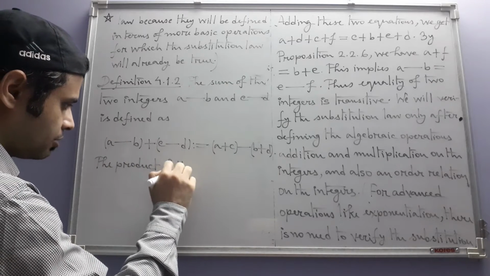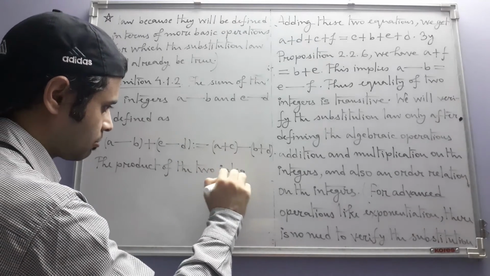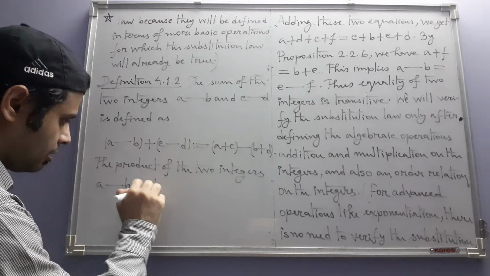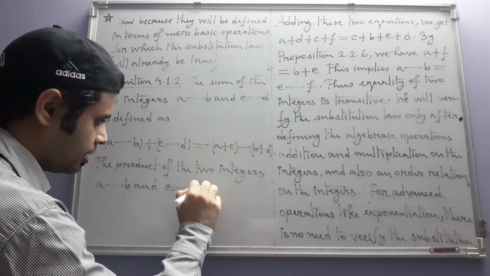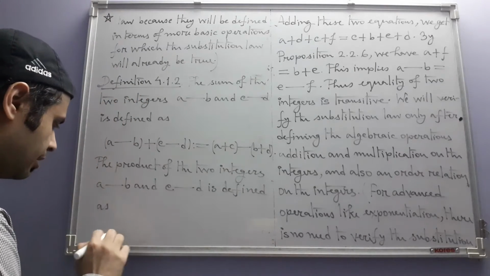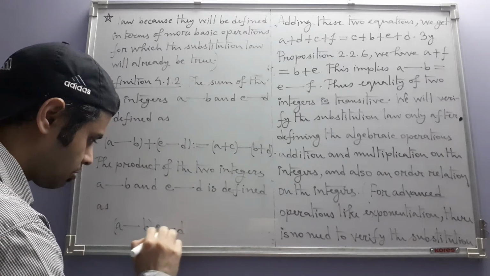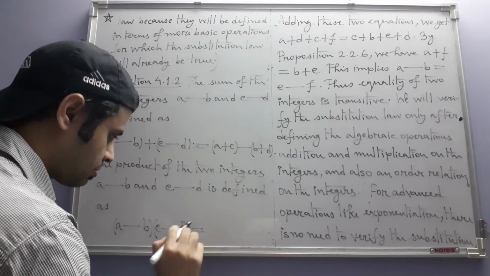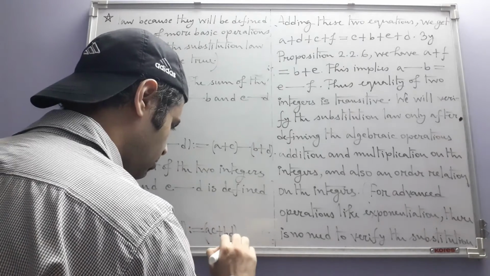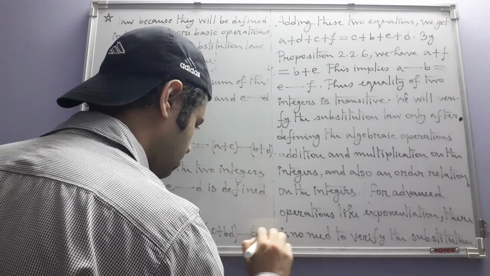The product of the two integers a dash b and c dash d is defined as this: AC plus BD dash AD plus BC.